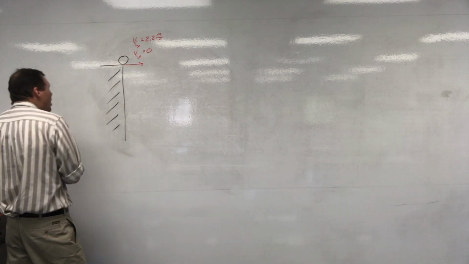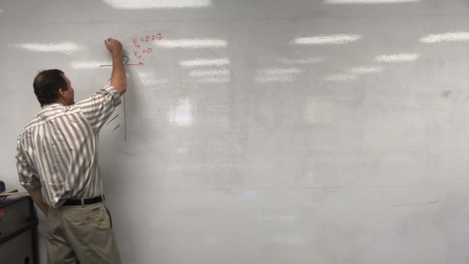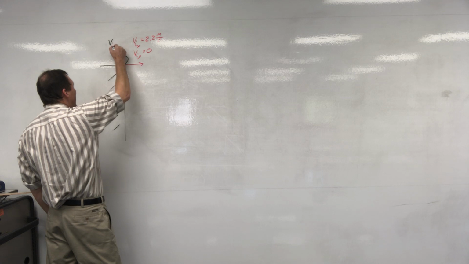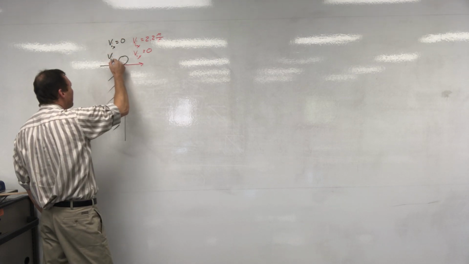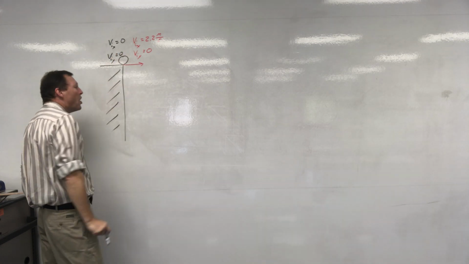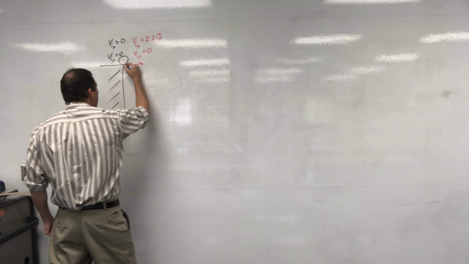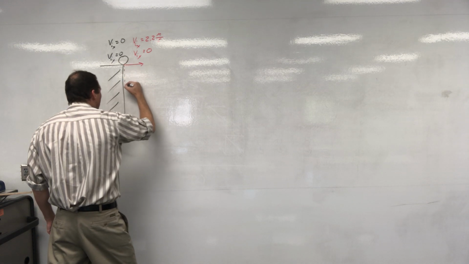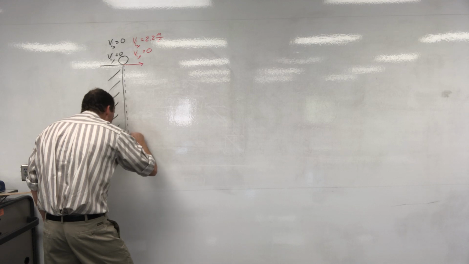Now let's take a look at the other ball that just fell vertically. Its initial horizontal velocity was 0, and its initial vertical velocity was also 0. And it fell straight down. So I'm going to indicate that with a dashed line going straight down.